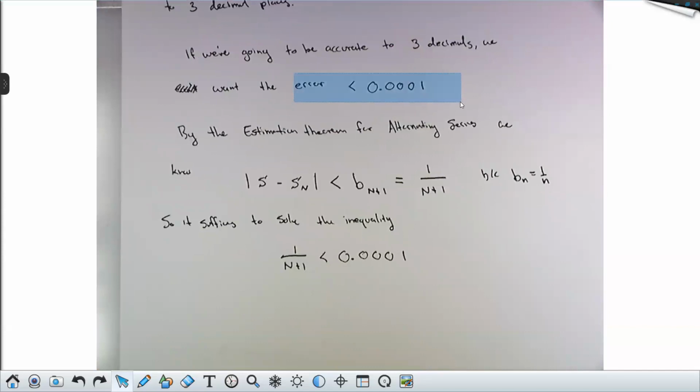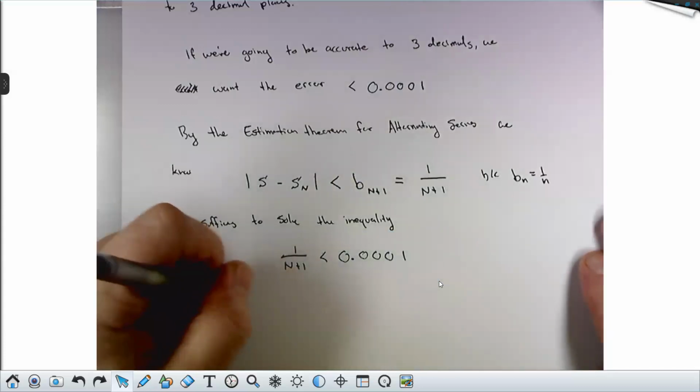So whatever you want your error to be smaller than, you need to set bn plus 1 less than that. Here, bn plus 1 is 1 over n plus 1. So in order to guarantee that my error is smaller than 0.0001, I set 1 over n plus 1 less than 0.0001.